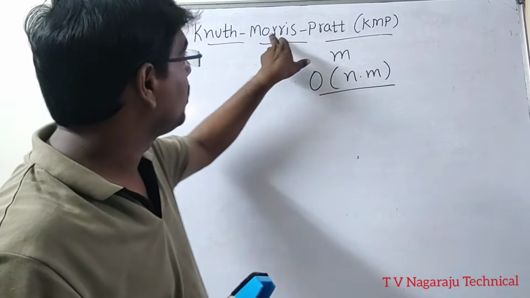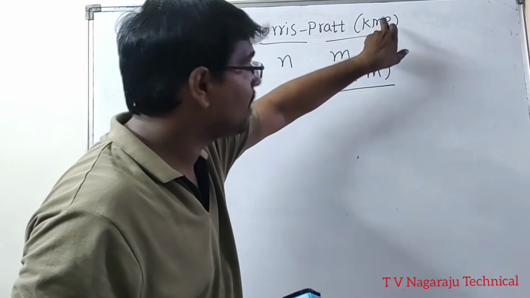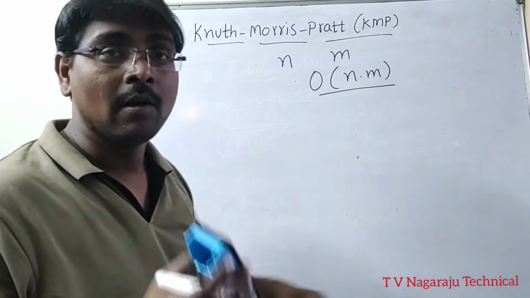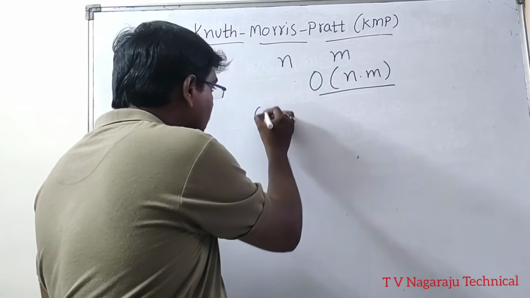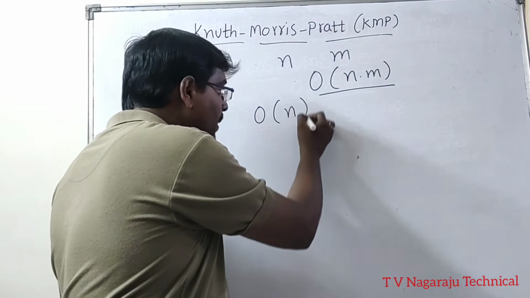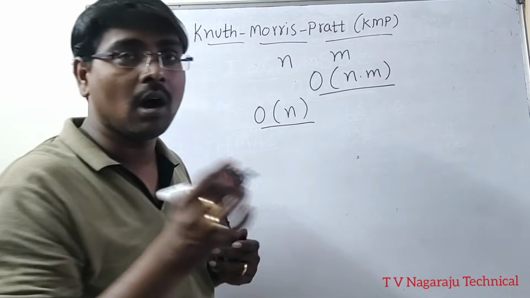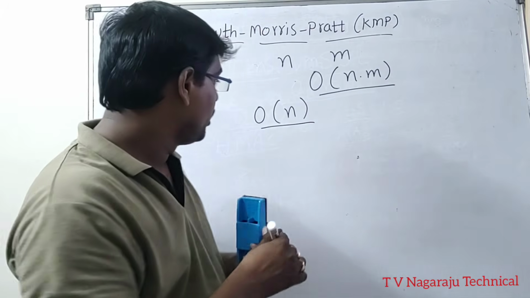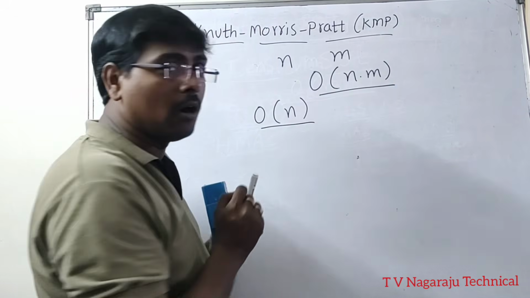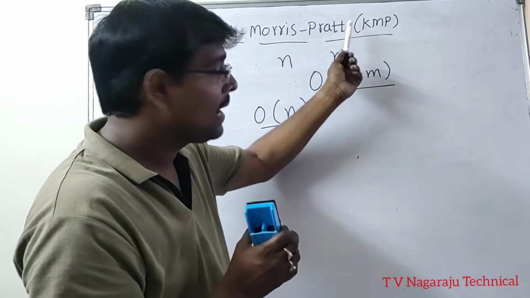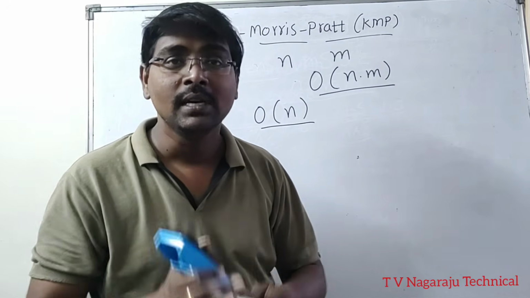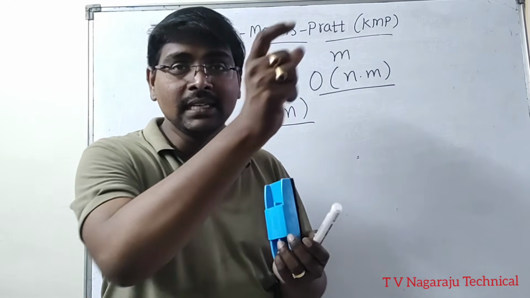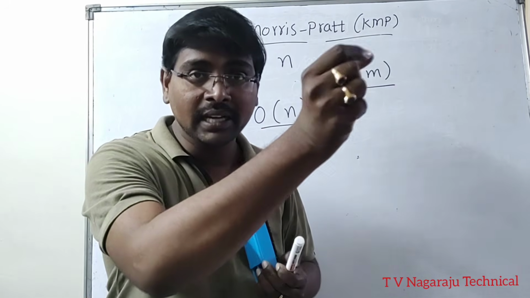Now coming to today's session, the KMP algorithm. It gives a time complexity of O(n). Now, to achieve this time complexity, what does the KMP algorithm do? Simply consider an element of the text.